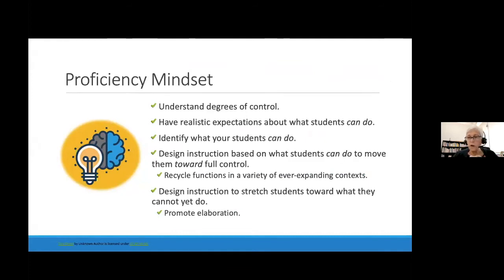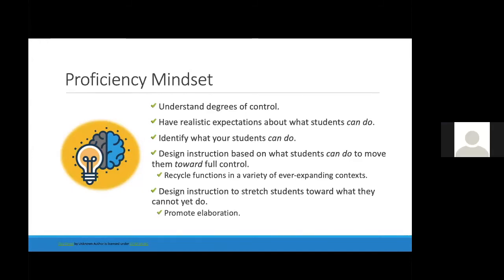So what our current standards require is a proficiency mindset. What is a proficiency mindset? Number one, it's an understanding of degrees of control, from conceptual control to partial control to full control, which allows you to have realistic expectations about what it is your students can do.